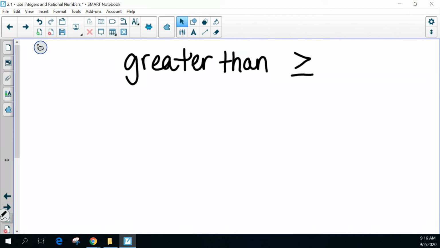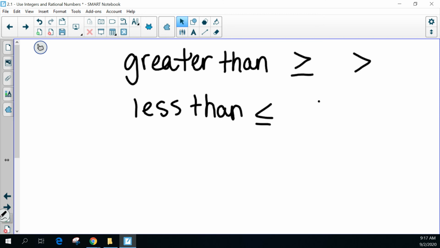And what does that little line under there mean? Or equal to. So these are the two symbols for greater than. And we'll learn in algebra, sometimes we'll flip it the other way, depending on where the numbers are, like when we're working with variables later. Then this would be less than, like this or like this.